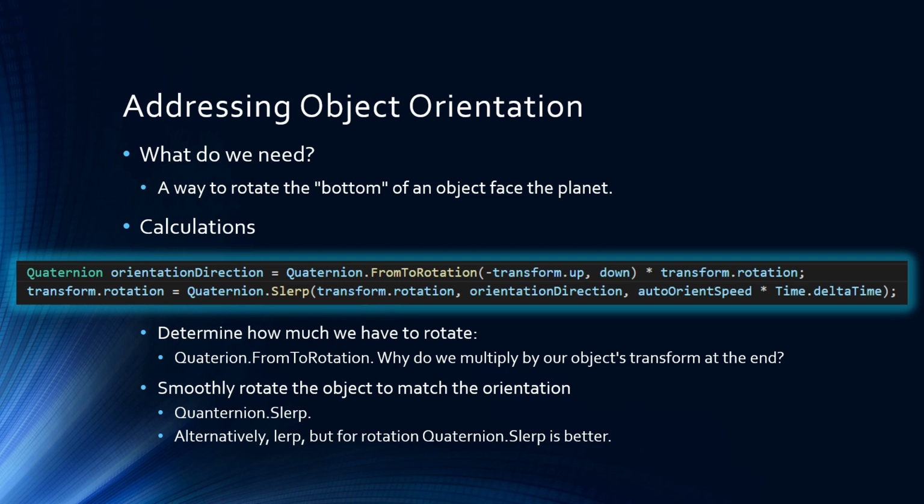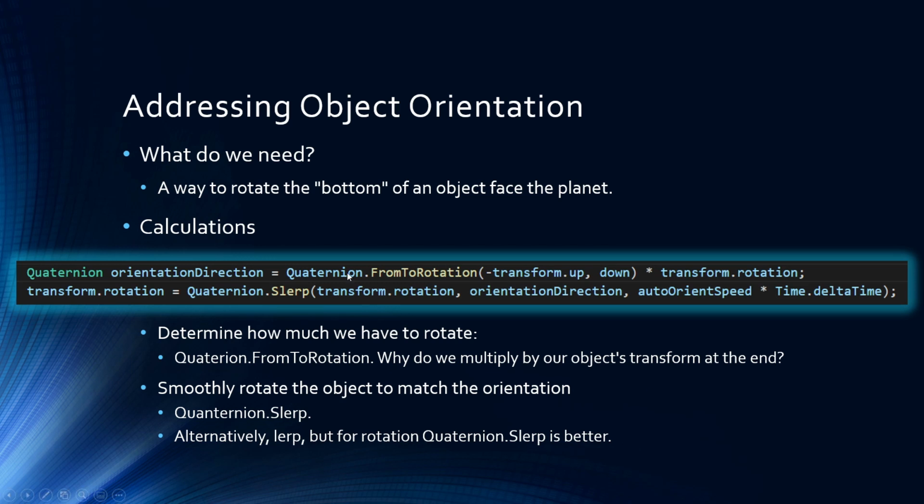But Quaternion.Slerp is the way of doing this for rotation. You want to use Quaternion.Slerp as opposed to just a Lerp generally when you're doing rotations, because rotation is very different from translation. So just remember this is Lerp for rotation.